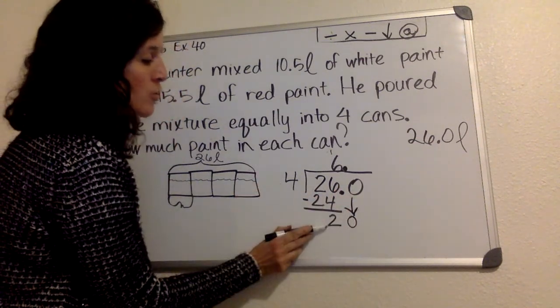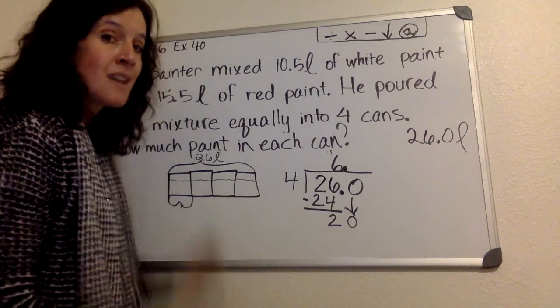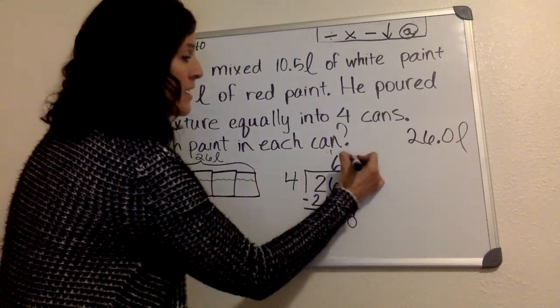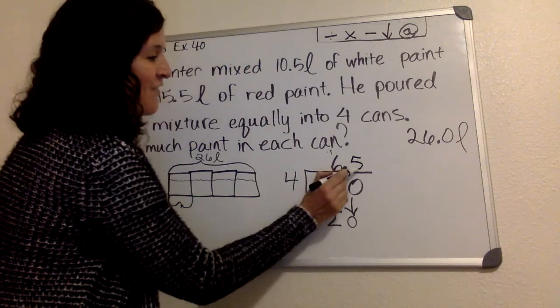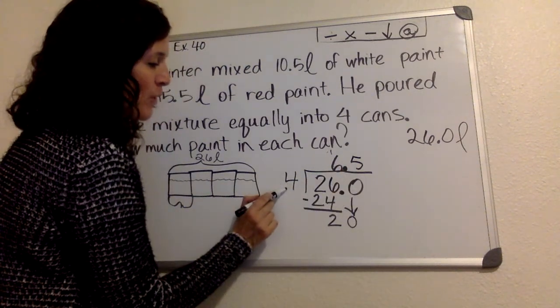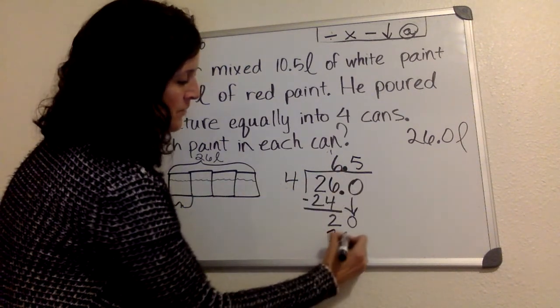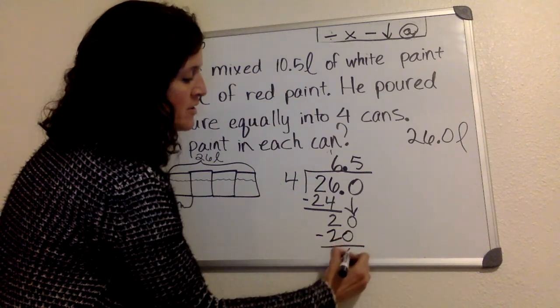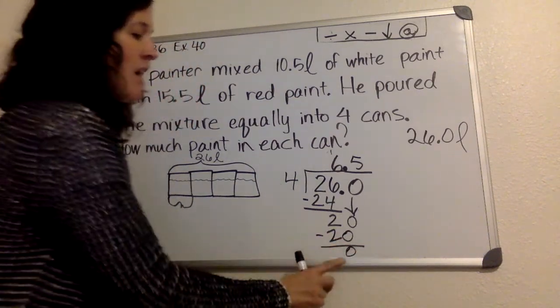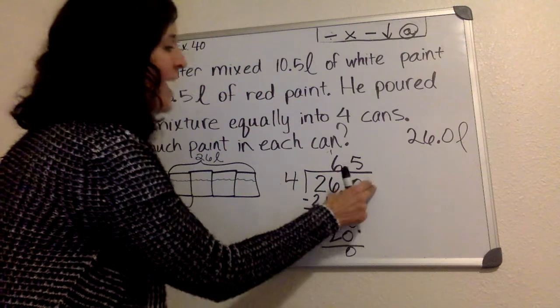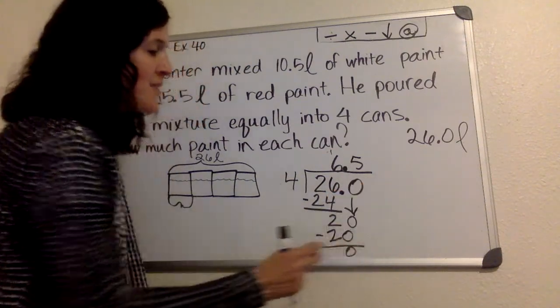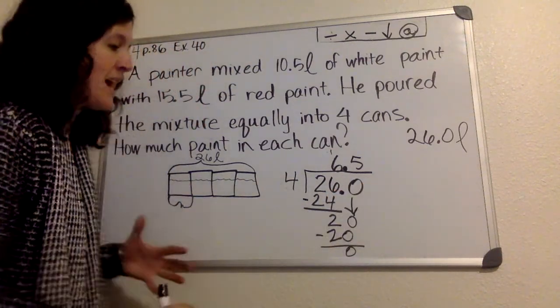4 goes into 20. How many times? 5 times. And 5 times 4 is 20. 20 minus 20 is 0. Yes, I've got my 0. I don't have to add another 0 or bring anything else down.